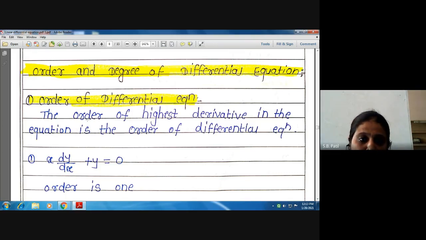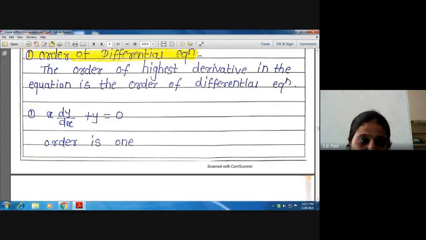So let us take an example of how to calculate the order. Remember, x into dy by dx plus y is equal to 0. We have to calculate the order of this differential equation. According to the definition of order, the order of the highest derivative in the equation is the order of the differential equation.